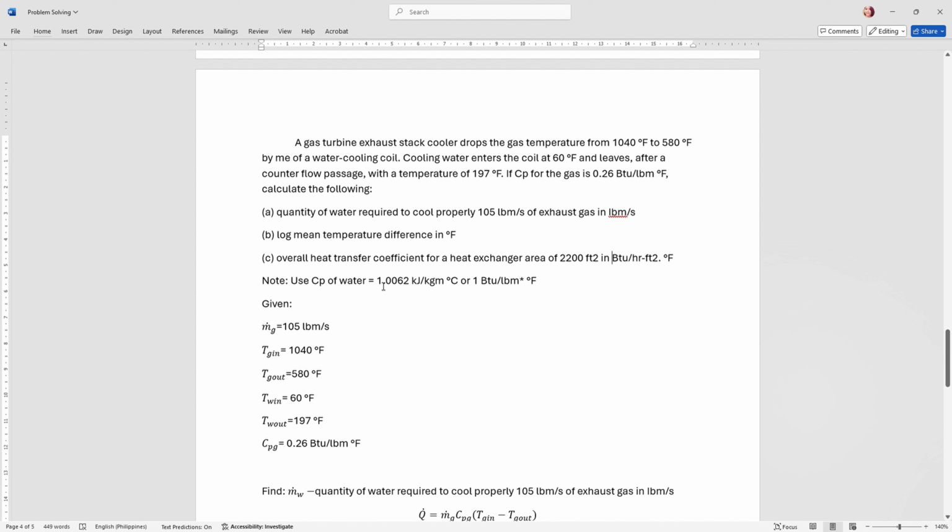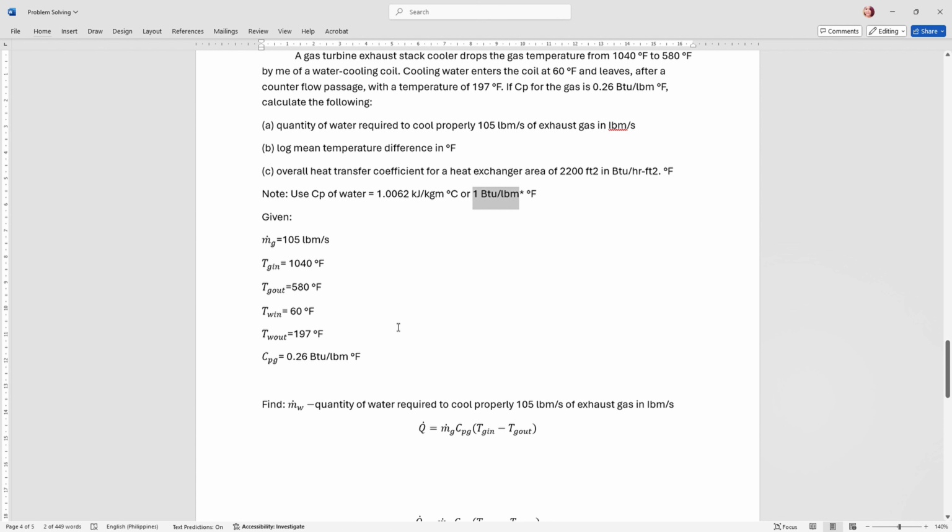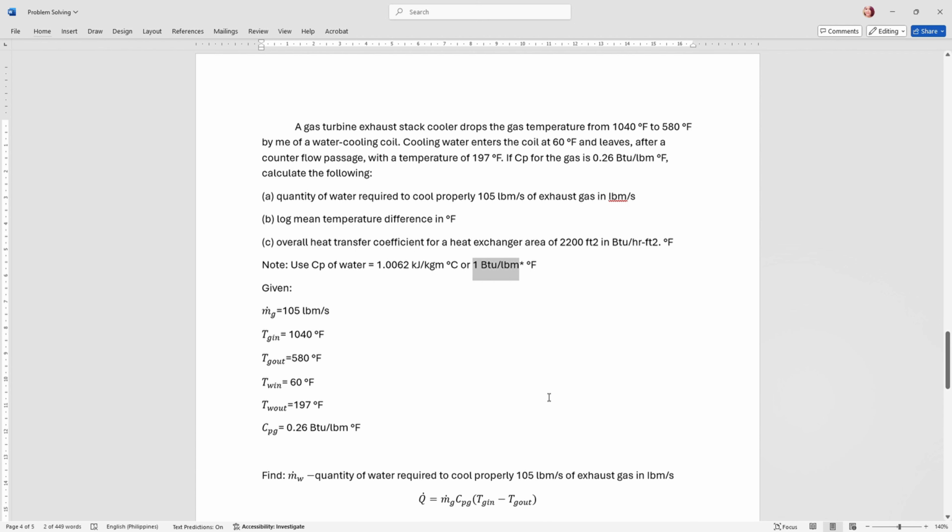And then, yung CP ng water is 1 BTU per pound degree Fahrenheit. So, i-gather lang natin yung mga given. Mass ng gas, temperature ng gas in and out, temperature ng water in and out, tsaka CP ng gas.